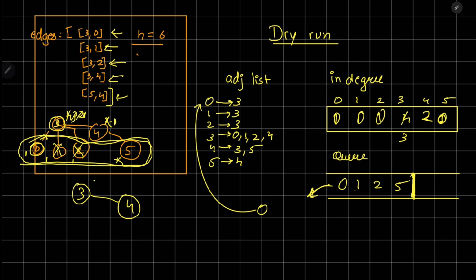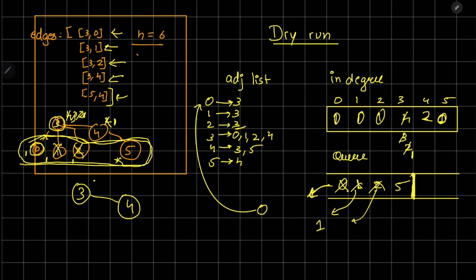Then we'll pop 1. 1 has 3 in its adjacency list, so we will decrement it by 1, and it will become 2. Then we will pop 2. For 2 we have 3 in the adjacency list, so again it will become 1.